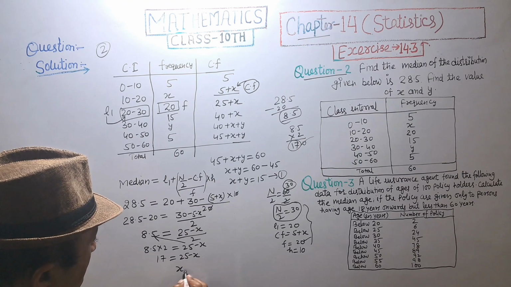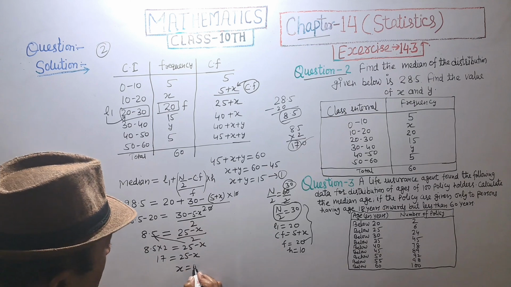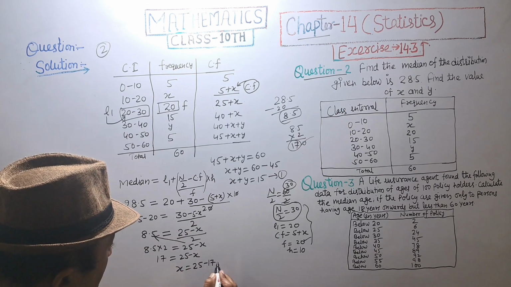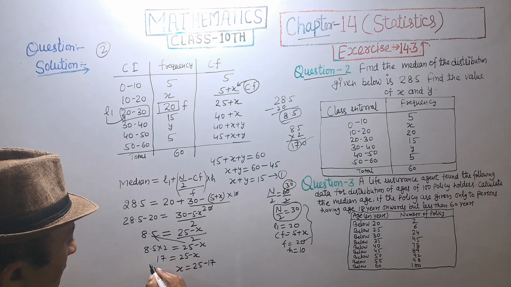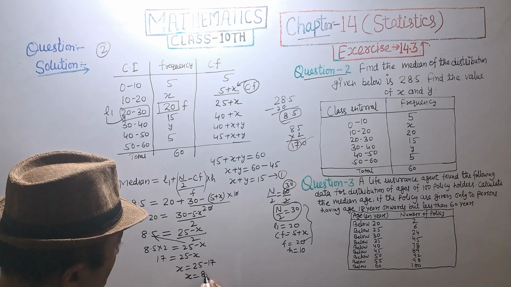So x is equal to 25 minus 17, that is equal to 8.